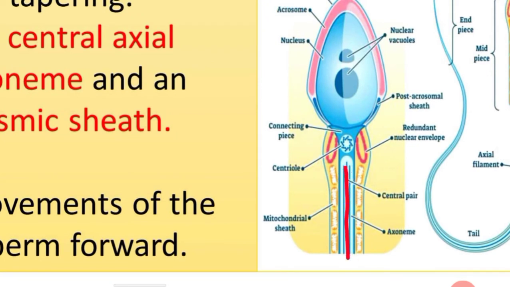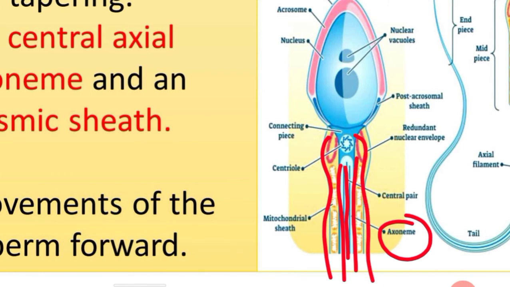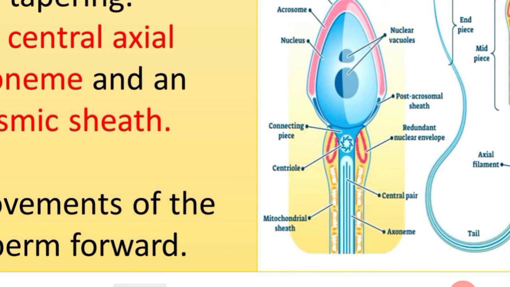The axoneme is covered by the protoplasmic sheet. The axoneme is a continuation: the axoneme from the middle piece continues through the tail part from the middle to the center region.